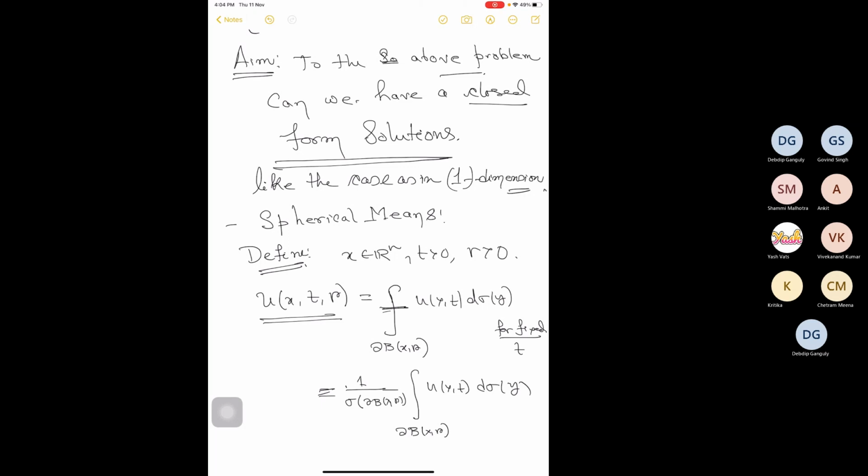So with this U(x,t,r), we will show that. First, this function is defined for r positive, t positive and x, right? Now we have to define this function when r is negative also. How to do that?